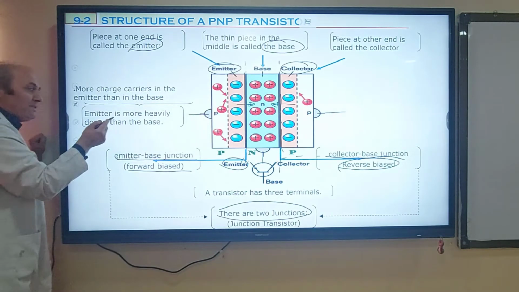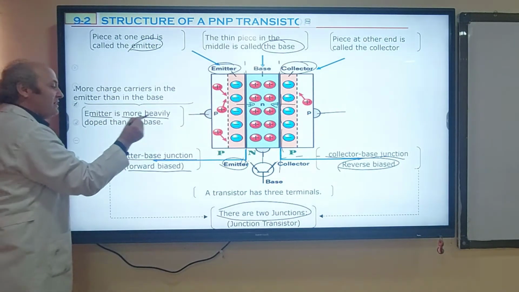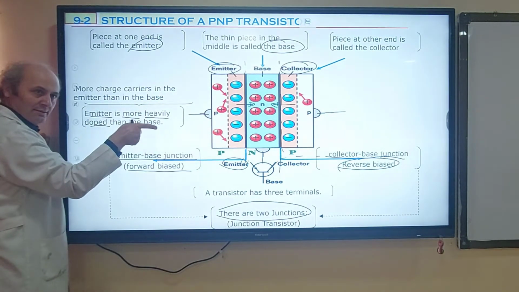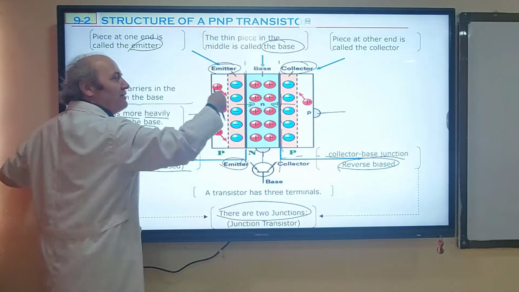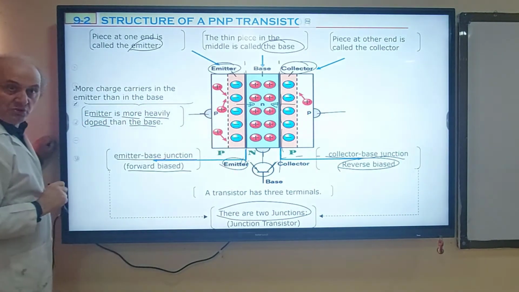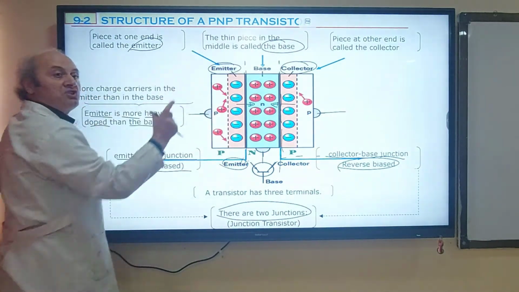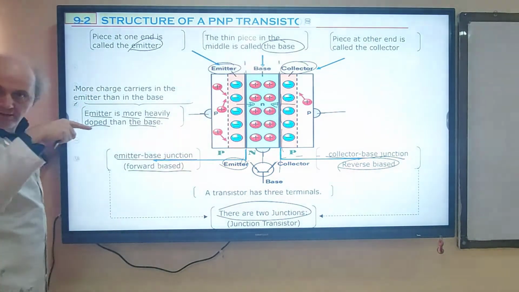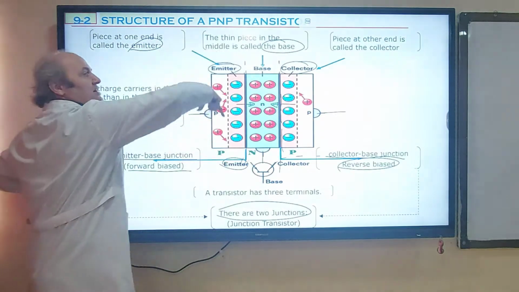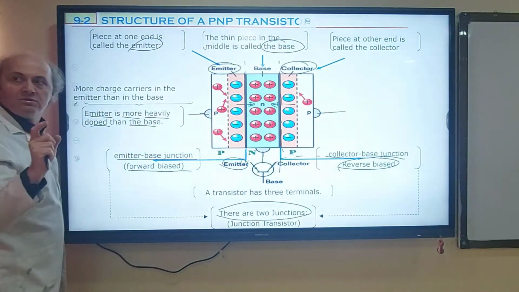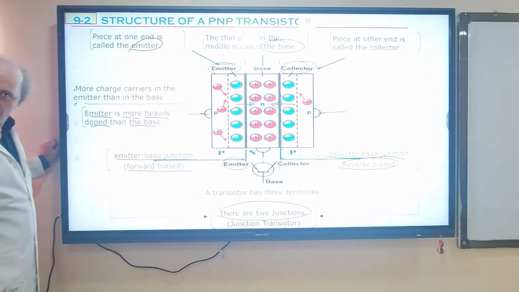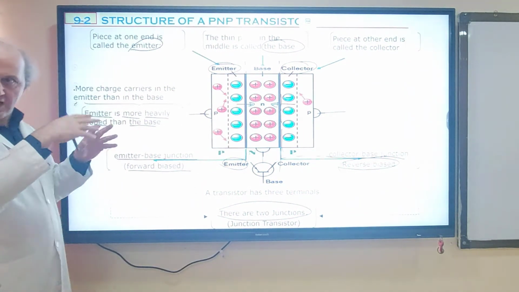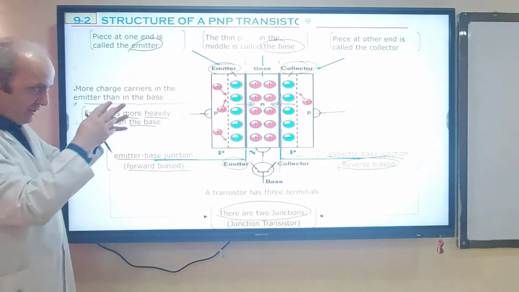That's why we explain that the emitter is more heavily doped than the base, which means the emitter has a greater number of charge carriers than the base. The emitter has a greater number of holes than the number of electrons in the base. And this is the key when we are explaining how it works.